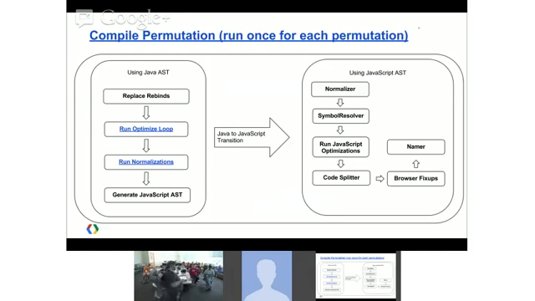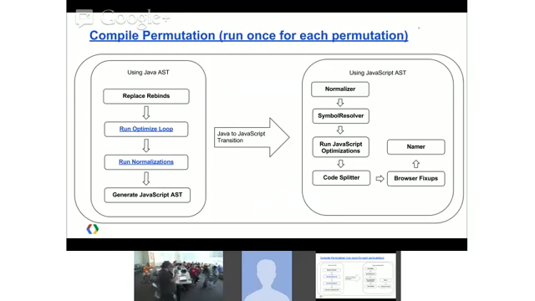So the symbol resolver tries to fit each of these references into the appropriate scope, so that later, when we do the renaming, you can make clashes for things that are not accessible through the same scopes, and that way you reduce the size of your symbol names. Very important, it seems.